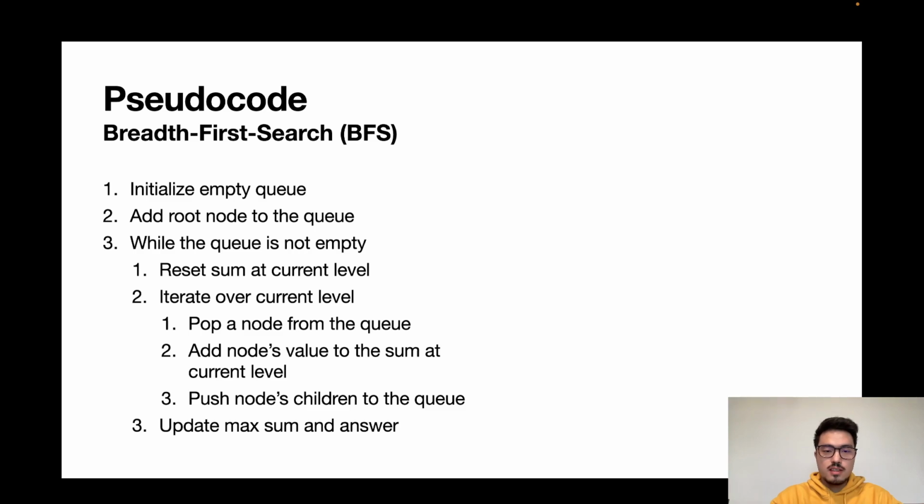These children are the next level nodes, but we're not going to iterate through these children. We're just going to iterate through the nodes on the current level. So this step 2, iterate over current level, is very important that it doesn't go over the nodes of the next level. And at the end, we push the node children to the queue, and we check to see if the current level is the one that has the maximum sum or not, and we update the answer accordingly.